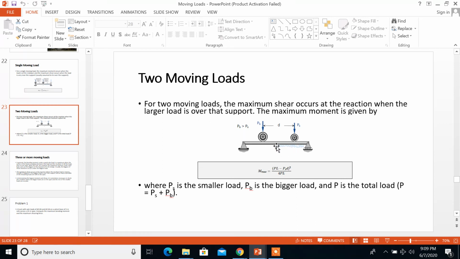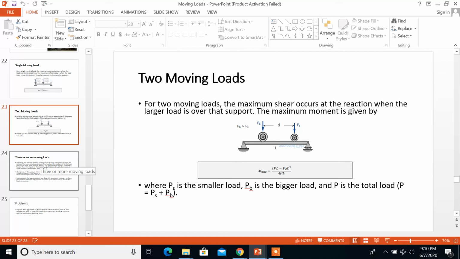So, the maximum moment is given by M max is equivalent to (P minus PS times D) squared divided by 4PL, where P is the load and L is the length of the beam, and D is the distance between the axle or distance between ng dalawang gulong. Where PS is the smaller load, PB is the bigger load, and P is the total load, P equivalent to PS plus PB. So, ito is for two moving loads.